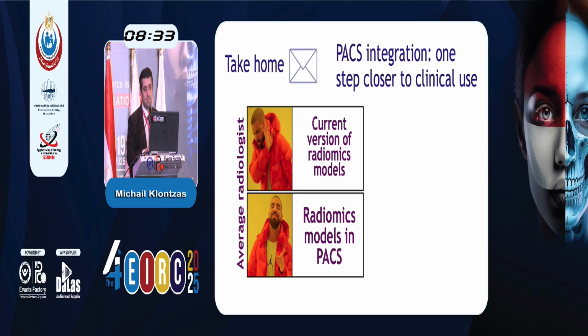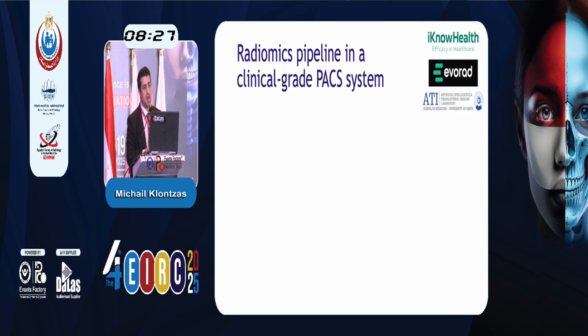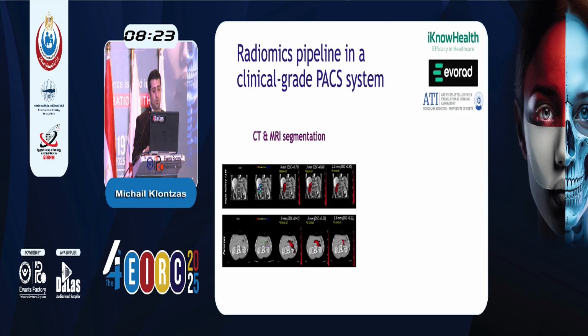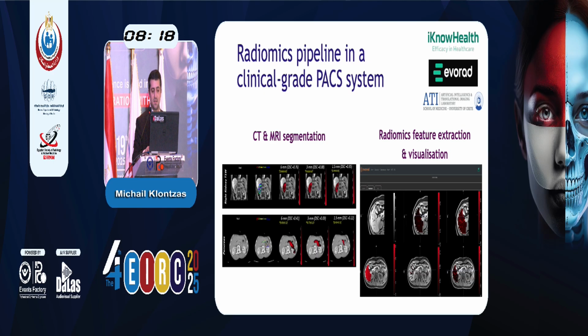We'd like to have some kind of PACS integration to bring radiomics to the hands of radiologists. And that's why we have collaborated with a PACS company called Evorat to develop a system that integrates the whole pipeline of radiomics analysis within an online PACS system so that everyone can use and apply these methods.